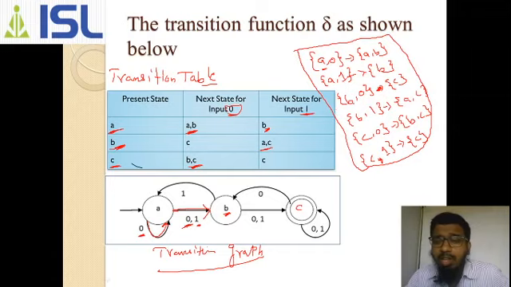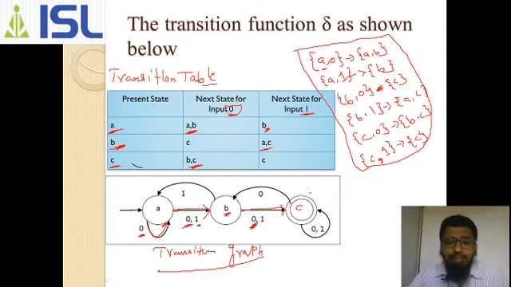When we take B, the input is 0, then we are getting the answer C. Next, B comma 1, then the answer is A comma C. So B is 1, then we are getting C as well as A.